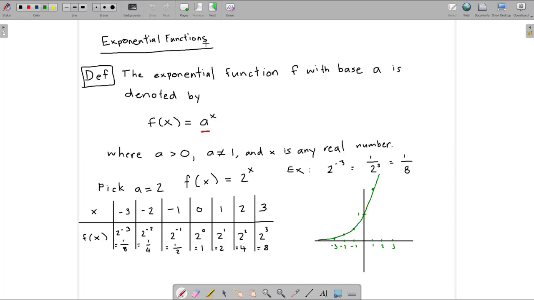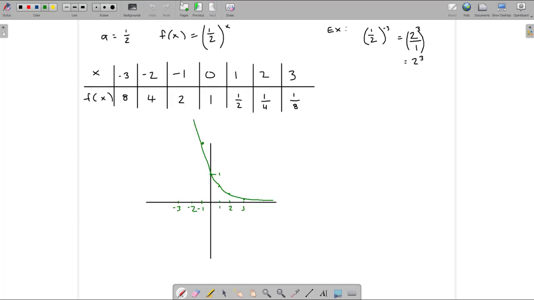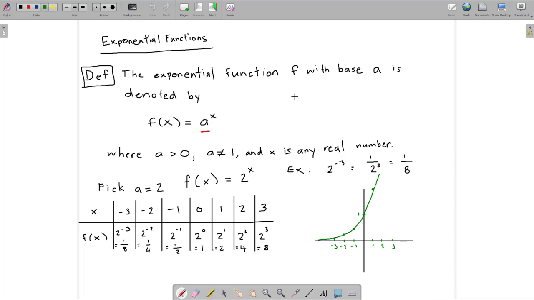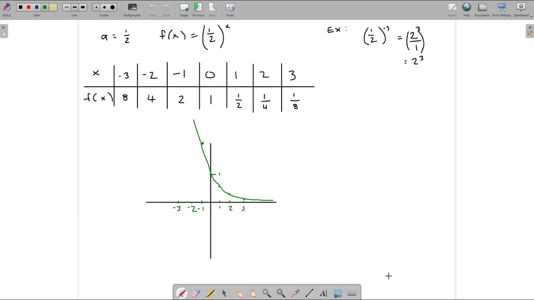So it's kind of just this one, but facing the other way, right? So it looks like it reflects over this y-axis, actually, which is interesting. So if we take a closer look at this f of x and compare it to our other f of x, let me just go over here. F of x equals 1/2 to the x.